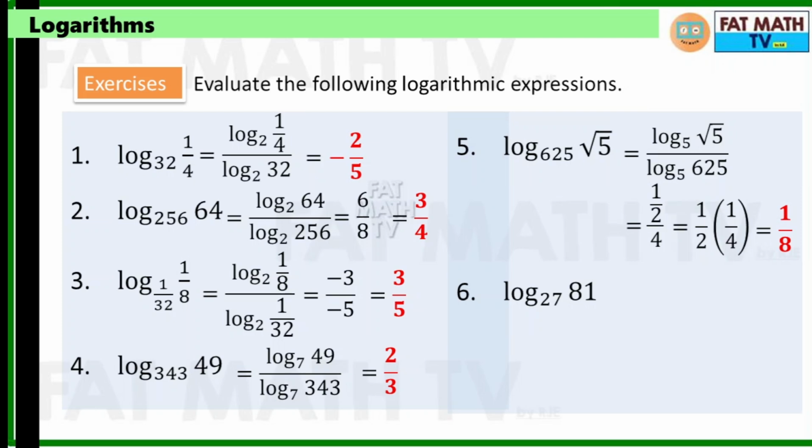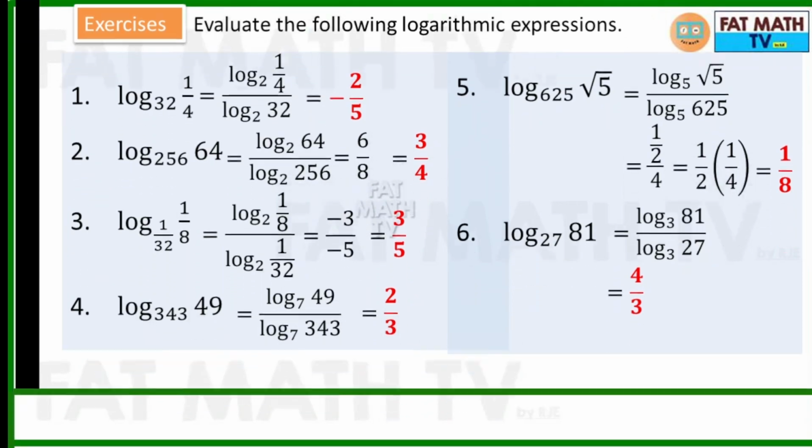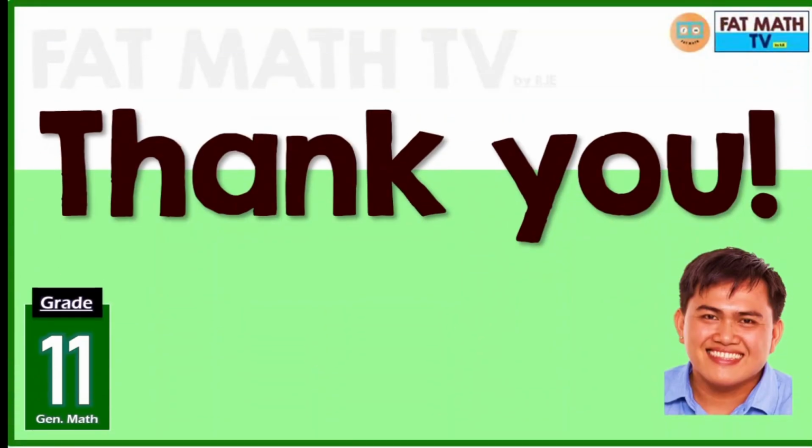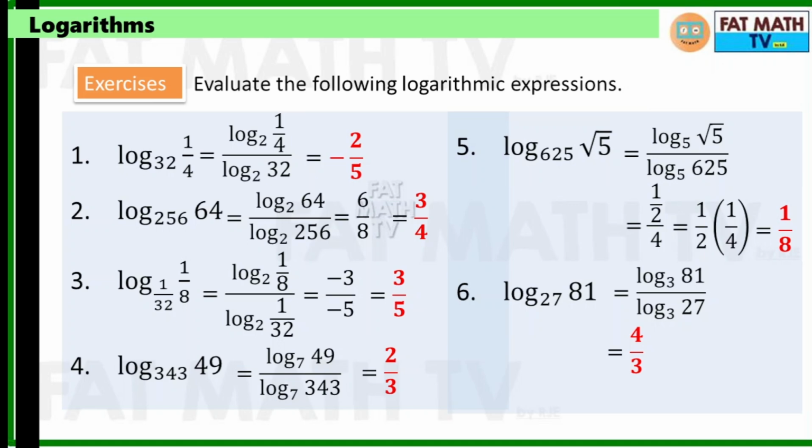And last, number 6, logarithm of 81 to the base 27 is logarithm of 81 over logarithm of 27. Choose base 3 because they are both powers of 3. 81 is 3 raised to 4, so that's 4 over 27, which is 3 cubed, so 3. So 4/3. Okay, that's it for the second set of exercises.